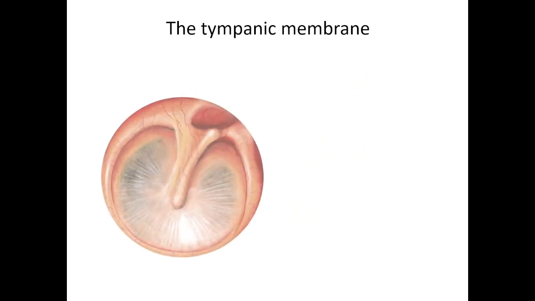Then let's try to understand in more detail the structure of the middle ear. First of all, this is the tympanic membrane. The external surface, which could be seen by an otolaryngologist in the process of investigation of the ear, is covered by the skin.